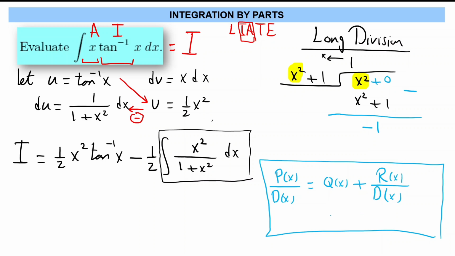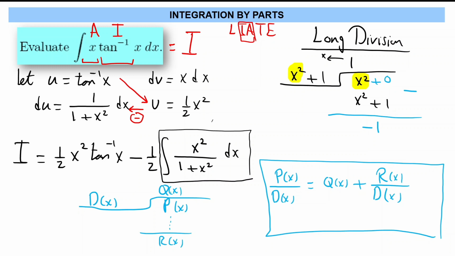If I write it as division, I'm dividing p of x by d of x, the divisor. This is the quotient, what I got here. And then after I do all the process, what's left over down here is the remainder. Okay, so this is an important way to remind you, I want you to remember this division algorithm.